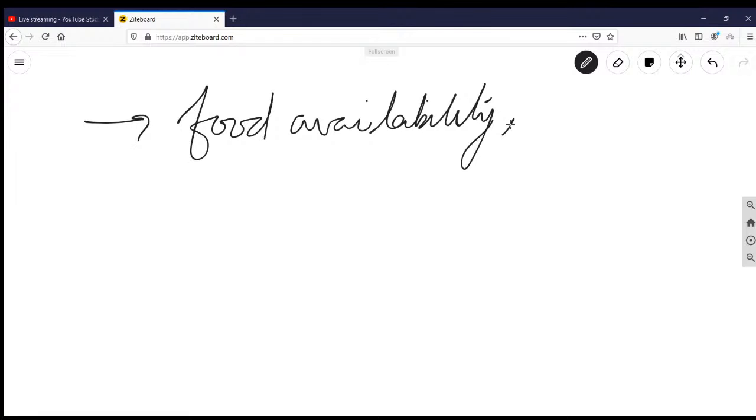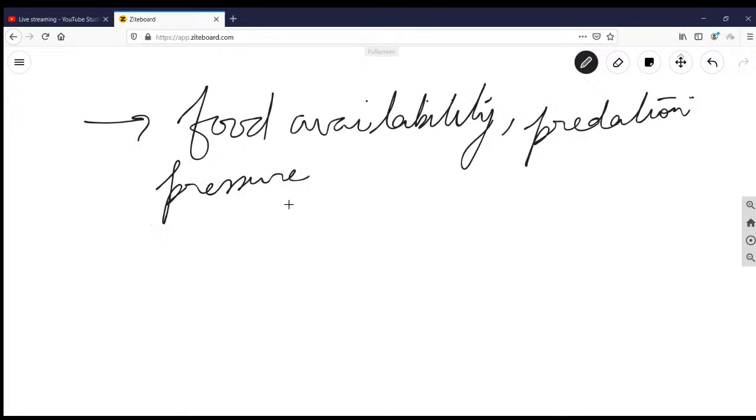Predator-prey relationship, so predation pressure, I can say. You need to hunt and there should be enough prey available, right? Weather conditions play a very significant role, whether it's snowy or windy or very dry, drought has occurred or too much flooding.